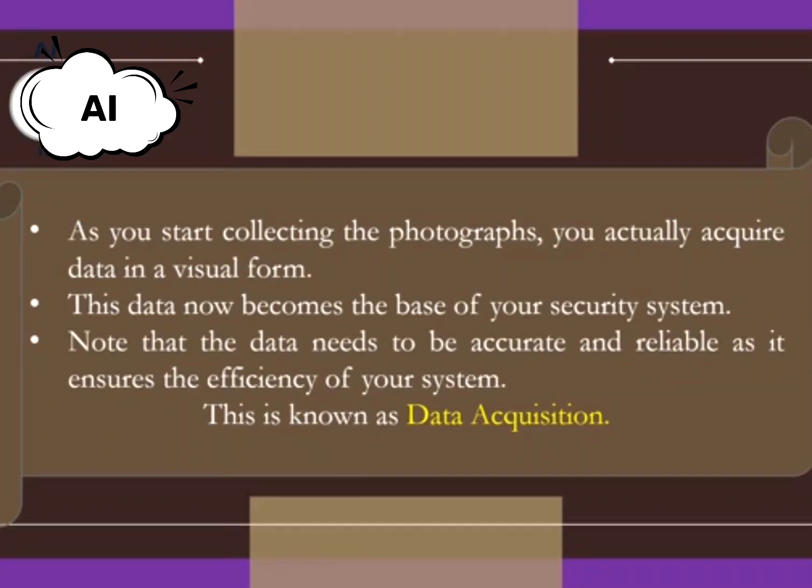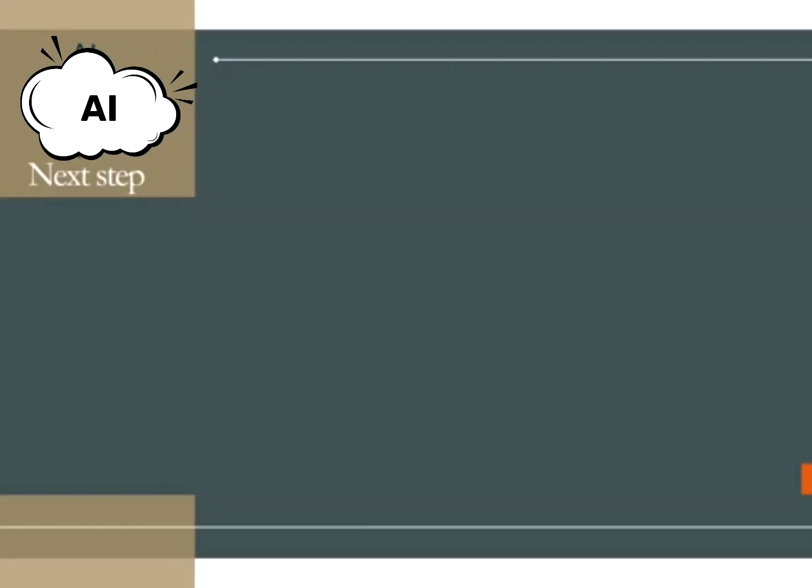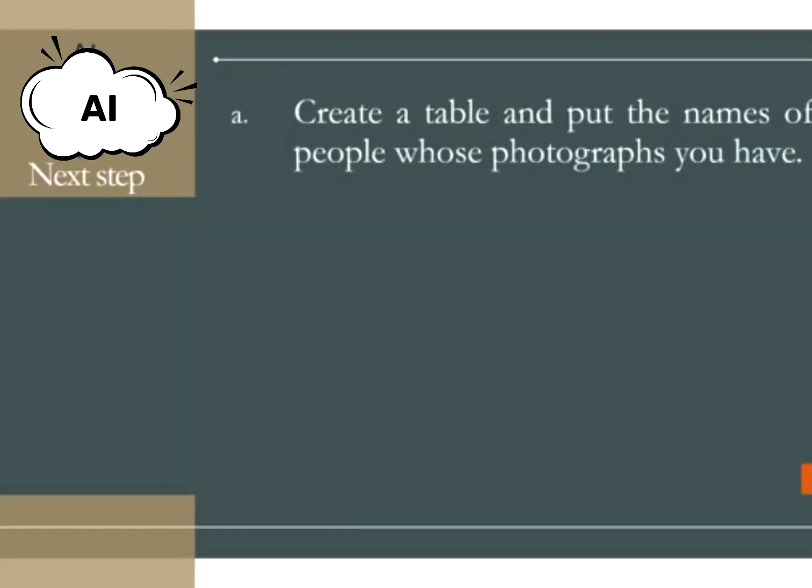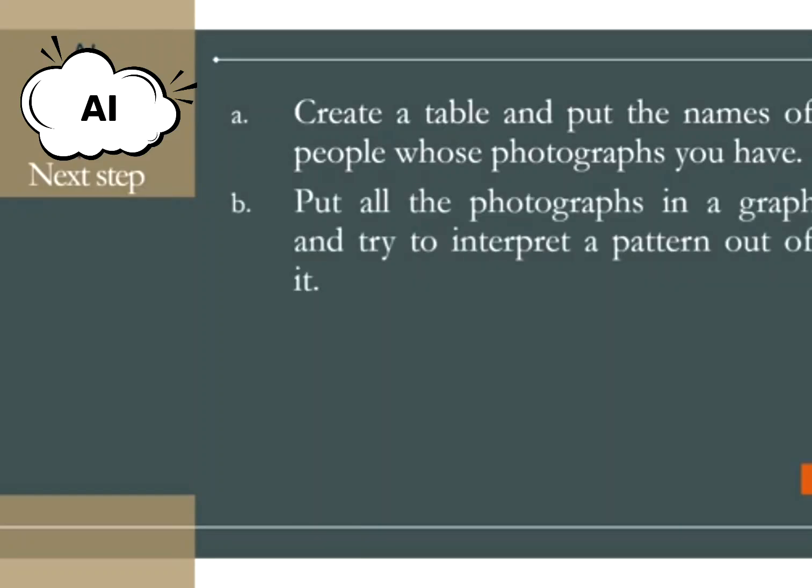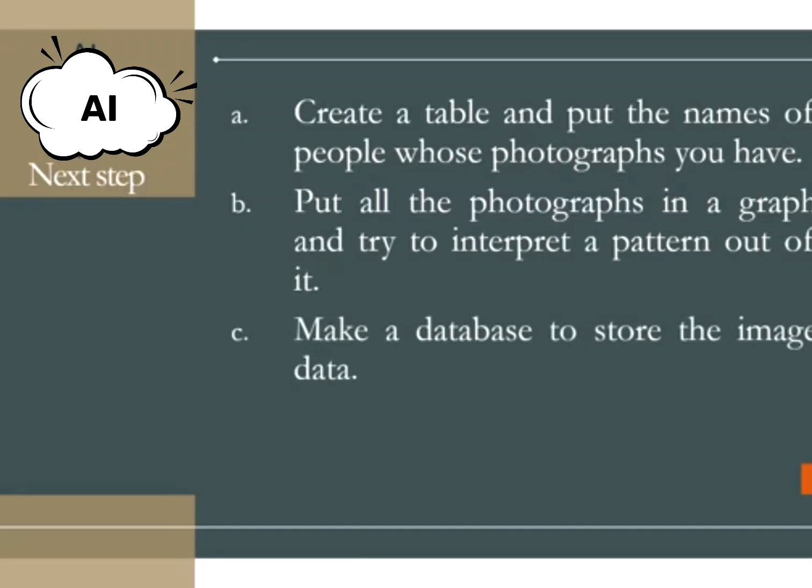Now we have the data ready with us. What can be done with the help of this? Now we can start spreading all the photographs on a table with the names on it, and then we can segregate it and try to interpret a pattern out of this. Then a database can be made to store the image data.